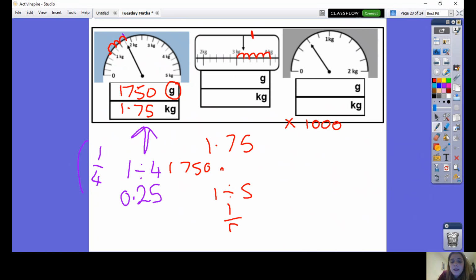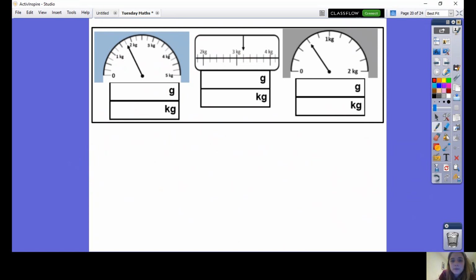That's the same as 1/5, which is equal to 0.2. The scale for this question is 0.2, 3, 3.2. 3.2 kilograms. When I do 3.2 times by 1,000, down 1, 2, 3, placeholders in there, that would be 3,200 grams.